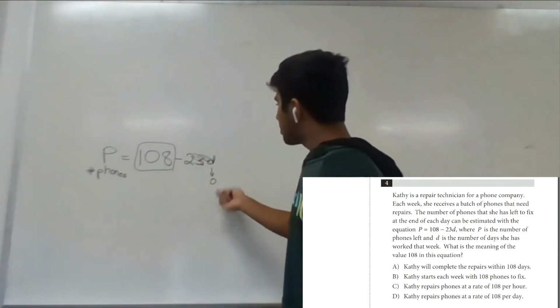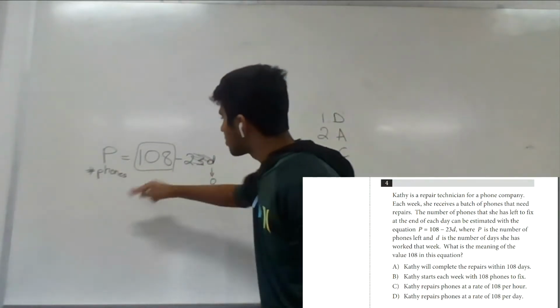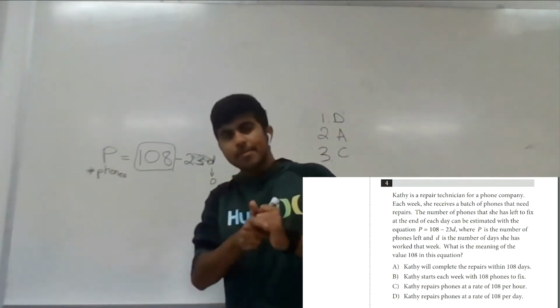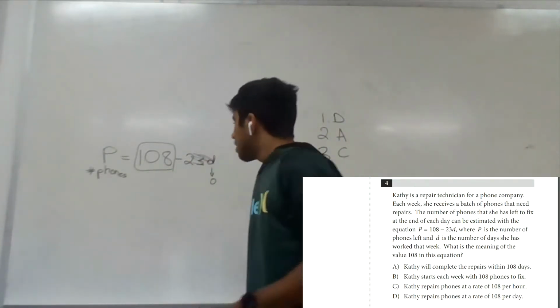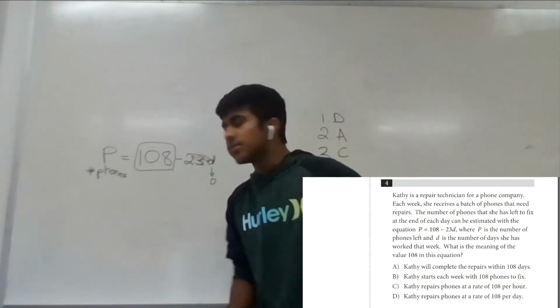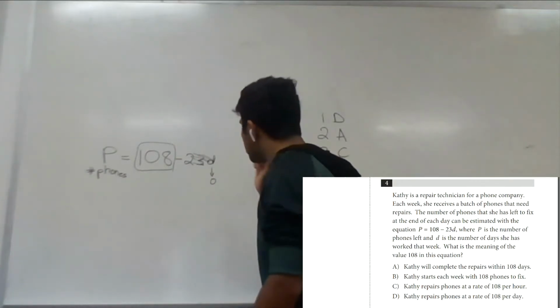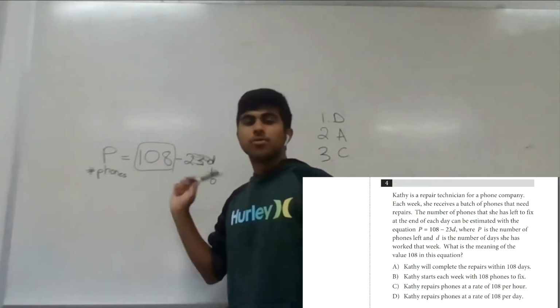After 0 days, we're left with the number of phones being 108. So what that means is that at 0 days, at the very beginning, she had 108 phones to fix. She started with 108 phones to fix.